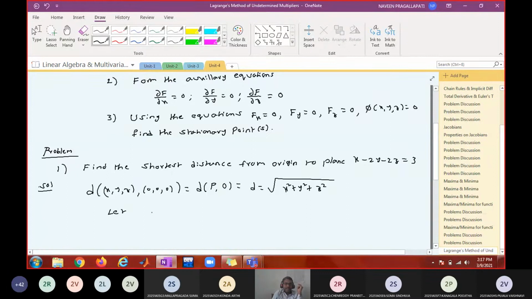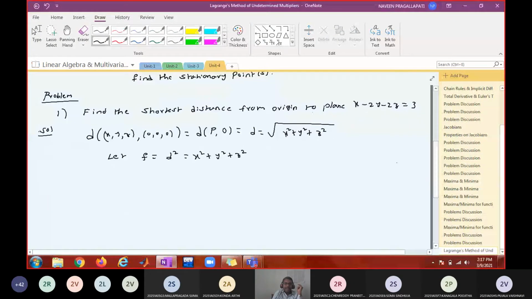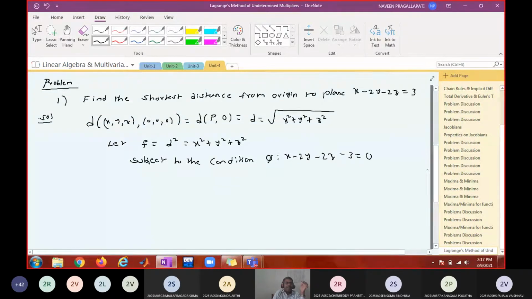Let F is equal to d square equal to x square plus y square plus z square. And what is the constraint? Subject to the condition phi is x minus 2y minus 2z minus 3 equal to 0. Phi of x, y, z equal to 0, right?